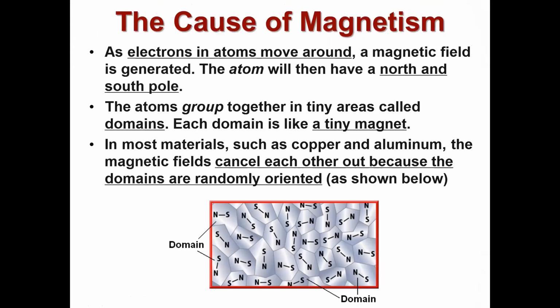If we have electrons moving, the magnetism is generated. A magnet has a north pole and south pole. And the atoms group together in tiny areas called domains.